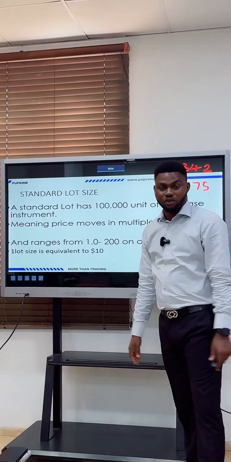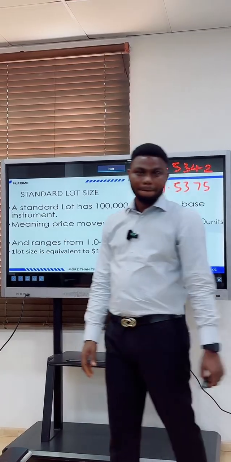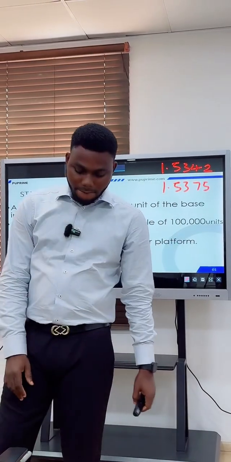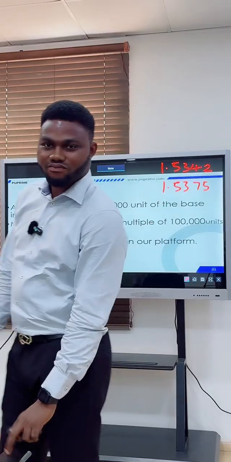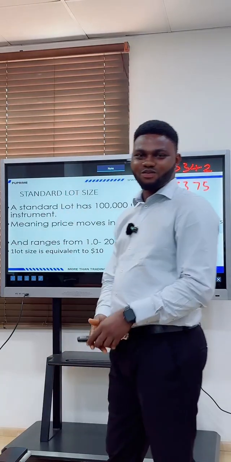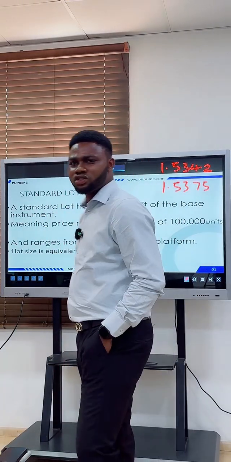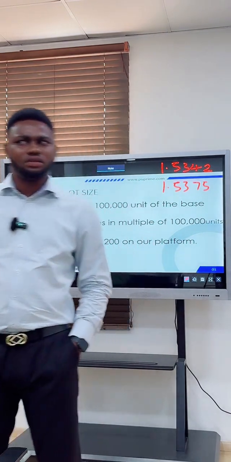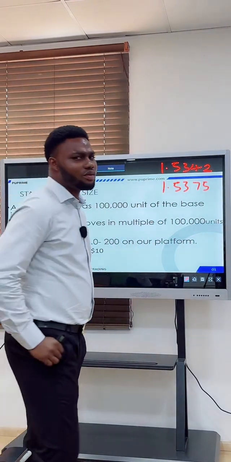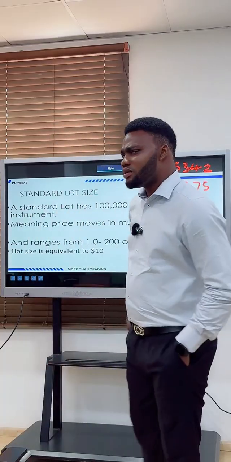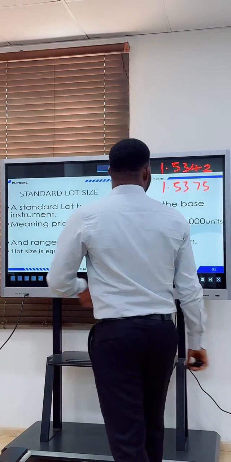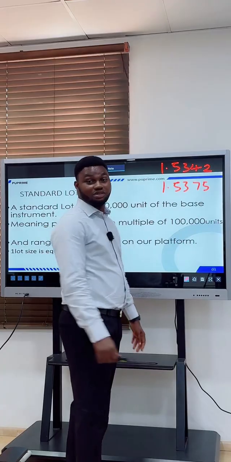What was that? Do we have a question? The pip calculation. We have not really gotten to the pip calculation. How do you get 35 pips?